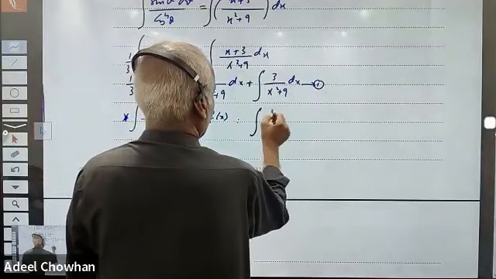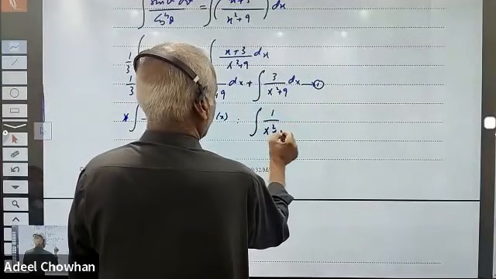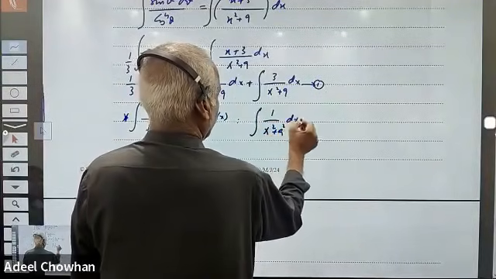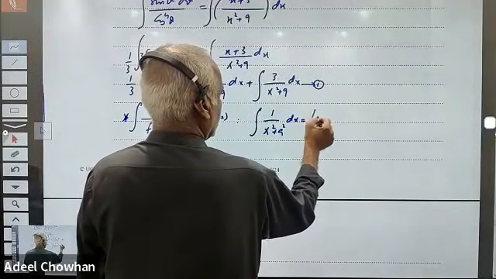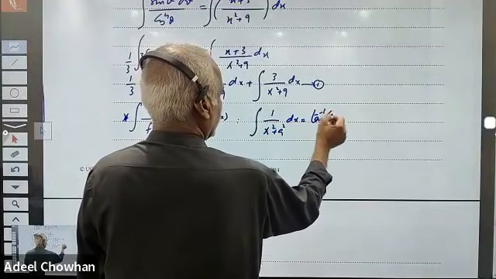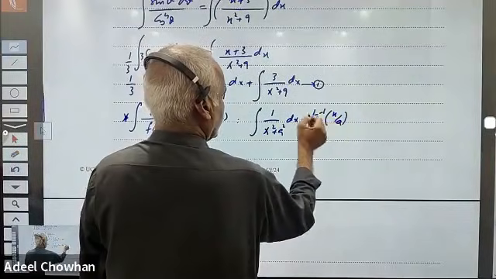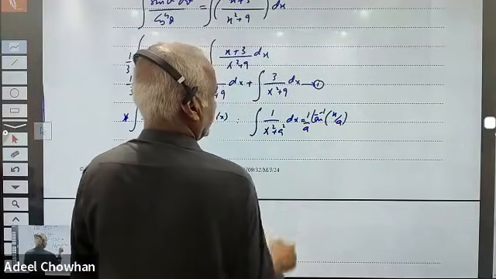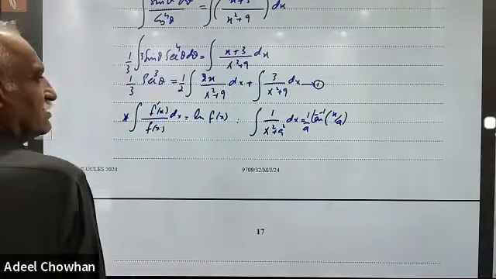We know that the integral of 1 over (x square plus a square) d of x is equal to 1 over a tangent inverse of x over a. This is the integration of this part.